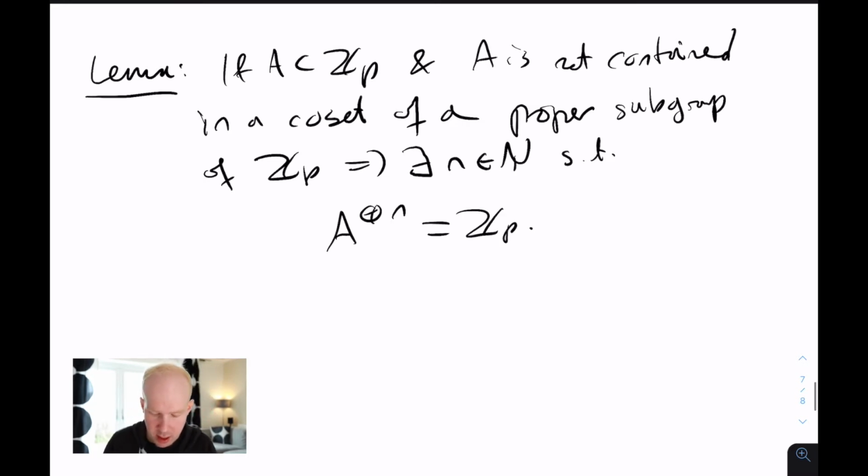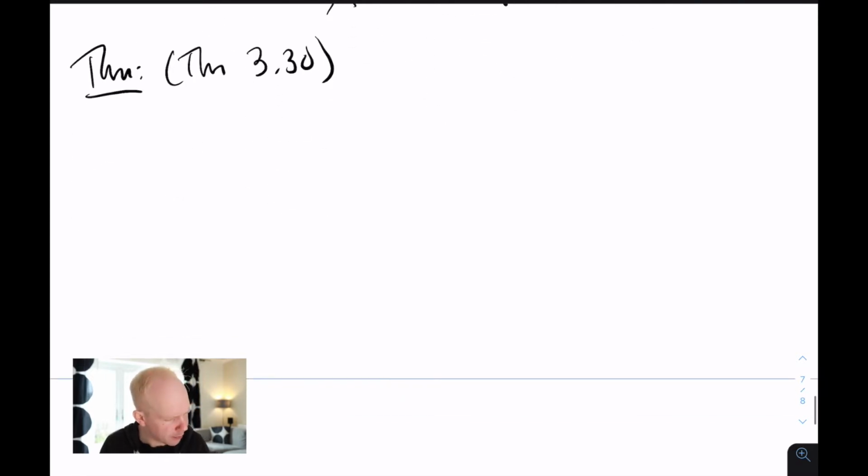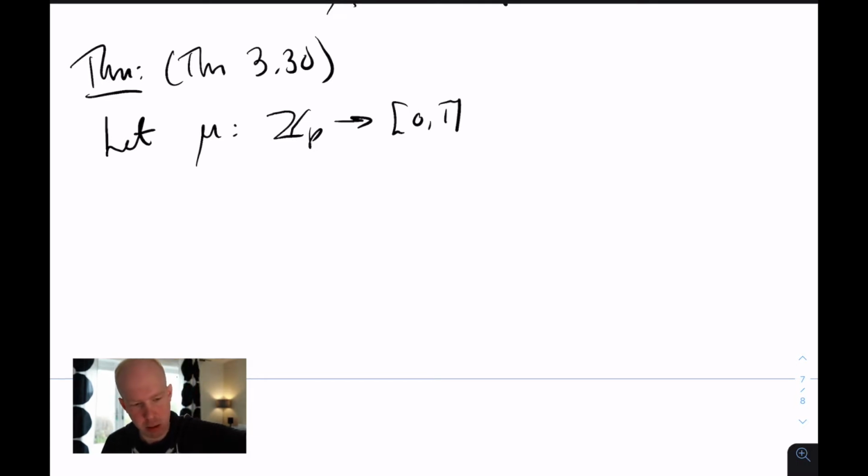And as a consequence of this, we wrote this theorem 3.30 that, let mu from ZP to [0, 1] be a probability distribution.